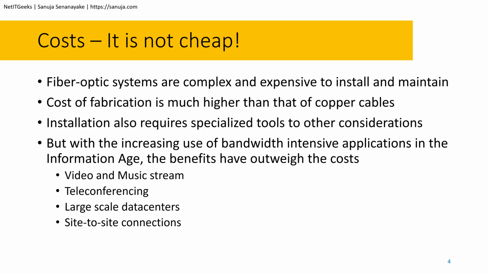Even 2 years ago in Canada, most houses could only have a copper cable connection to their home, even with gigabit network speeds. But now in 2022, the majority of Canadian metropolitan and major cities have fiber to home connections available to them. So not everybody has it, but you can have it.